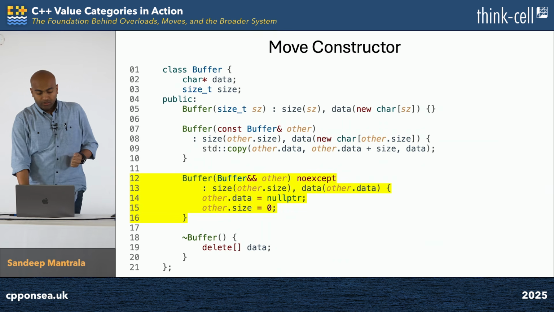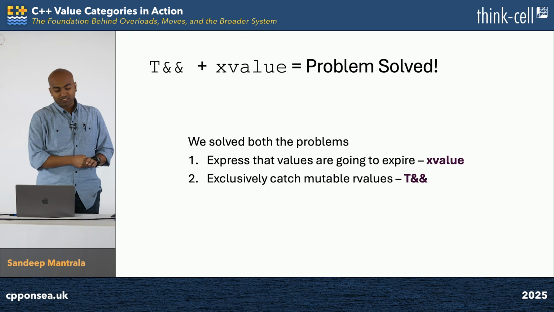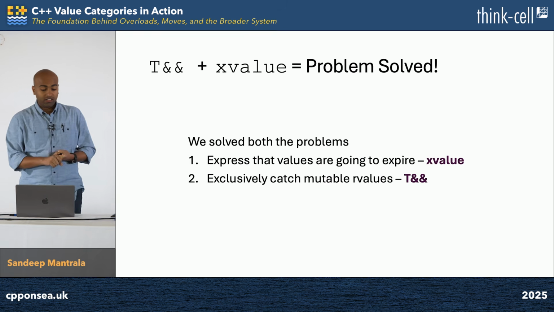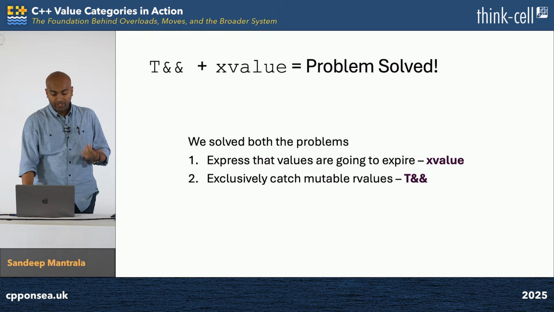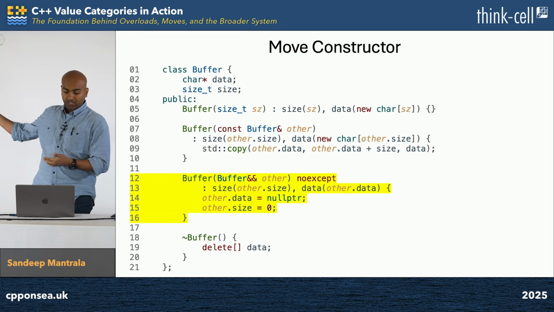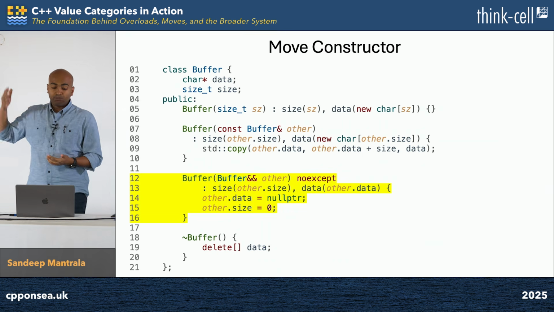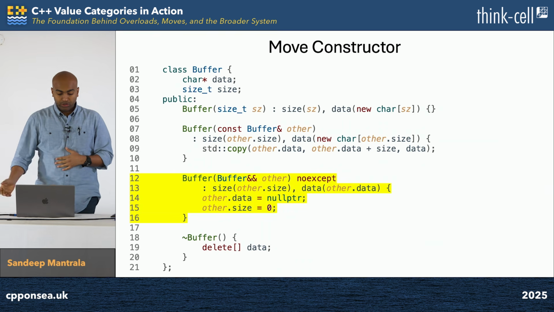So yeah, we solved the problem. There were two problems. We introduced T&& and the introduction of xvalues together. We are now able to implement something like this, where we have a move constructor that binds exclusively to R values so that we don't have to do deep copies.